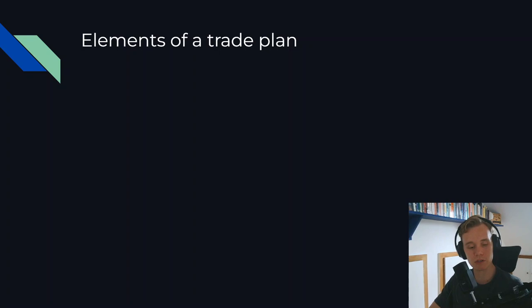So, a few elements of trade plans. Number one, trading goals. The trading goals in a trade plan, again, bring that inspirational side of things. We want to have our immediate trading goals and our longer-term trading goals. Do we want to be a traveling trader around the world, or do we want to have a nice house with a nice setup with a family around that you're able to be there full time?